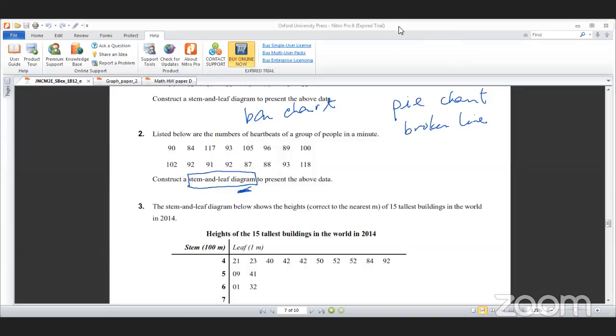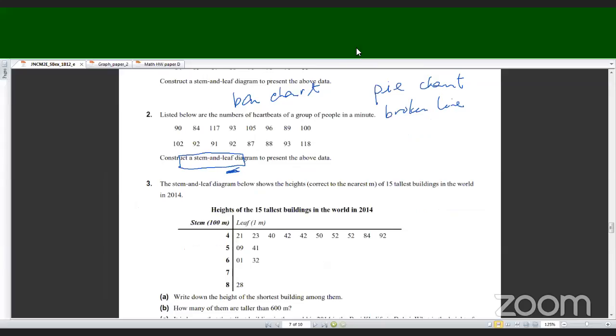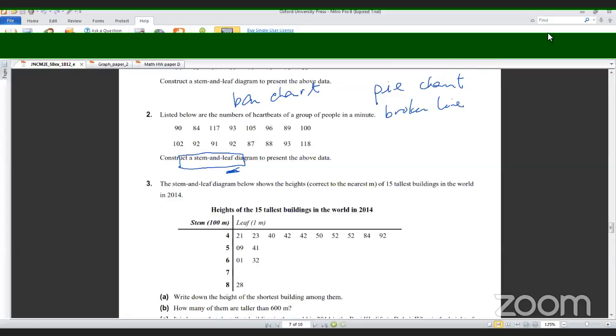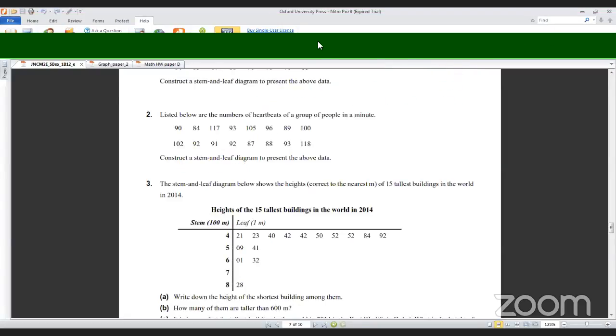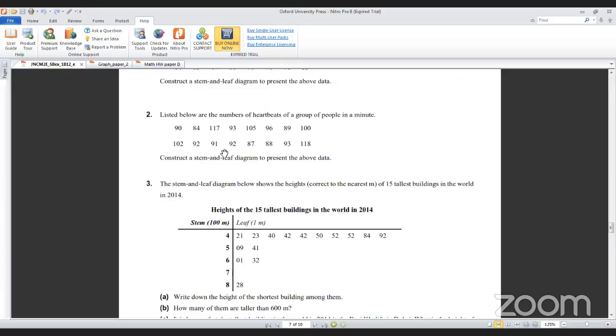But we are not going to talk about bar charts in Form 1, I mean in chapter 12. Therefore, you don't see any section about bar chart. We basically focus on something new. Therefore you should read carefully.